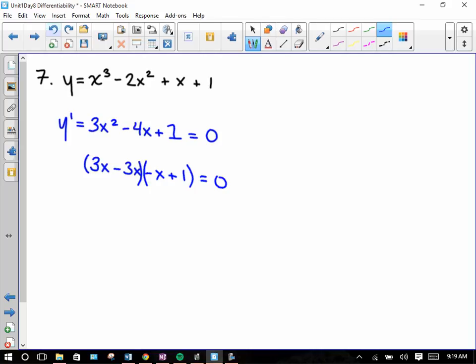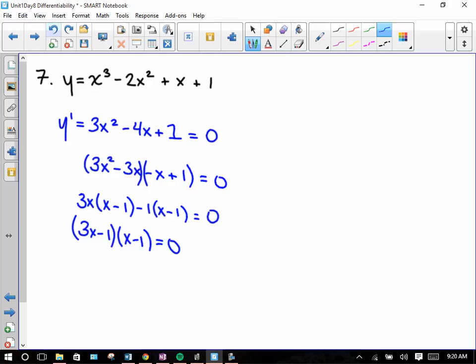We're going to group these. We factor 3x out of the first pair, which leaves x minus 1, and factor minus 1 out of the second pair, which also leaves x minus 1. So you have 3x minus 1 times x minus 1. We know we're going to have 2 places where this has a horizontal tangent because we have 2 factors.